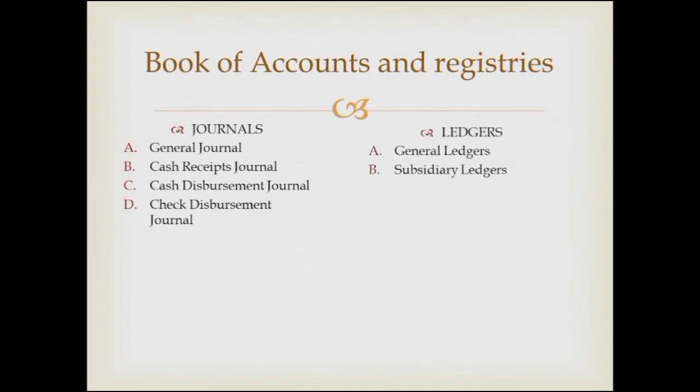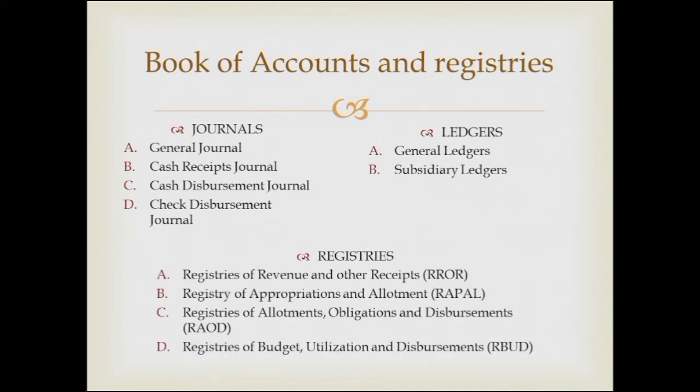The second one is the ledgers. The general ledger summarizes all transactions recorded in the journals. The subsidiary ledger shows details of each control account in the general ledger. Lastly are the registries, which are the budget records.